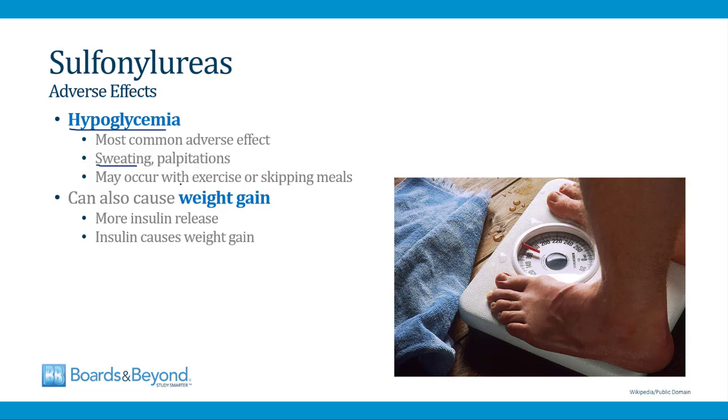And this often occurs when patients exercise or skip meals. These are times when the blood glucose level naturally gets low, and it can get too low when the patient is taking a sulfonylurea. Sulfonylureas can also cause weight gain, and that's because they cause more insulin release, and insulin causes weight gain by promoting fatty tissue deposition. So weight gain is a common problem when patients take sulfonylureas.